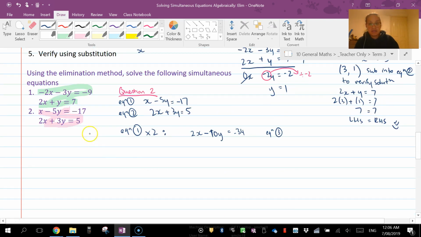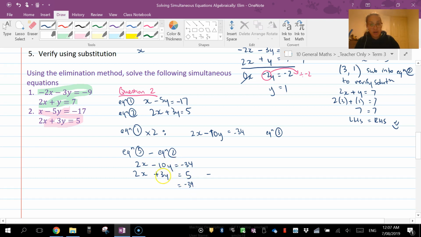So I'm going to take equation 3, subtract equation 2. I'm going to write them as 2x minus 10y equals negative 34, and equation 2 directly underneath it, 2x plus 3y equals 5. Subtract, so negative 34 minus 5 gives us negative 39.